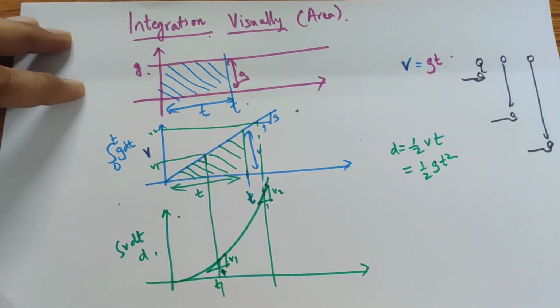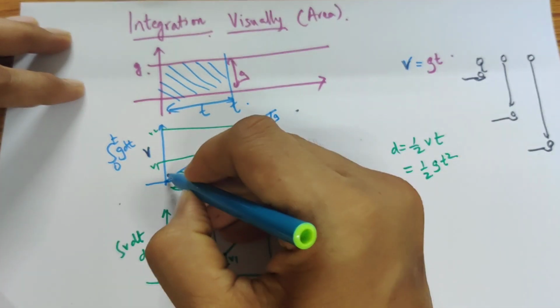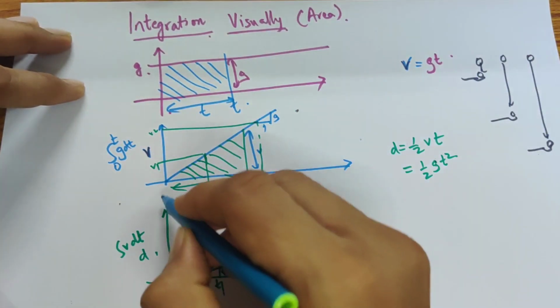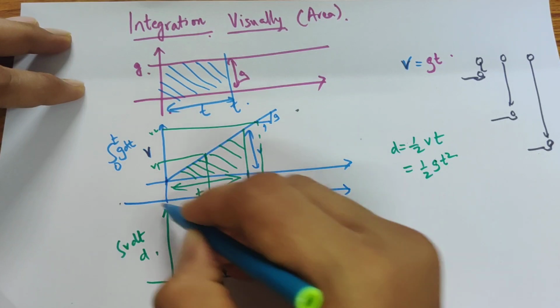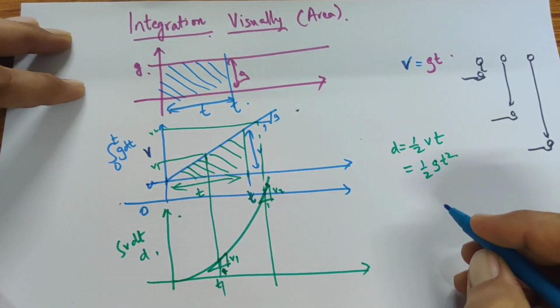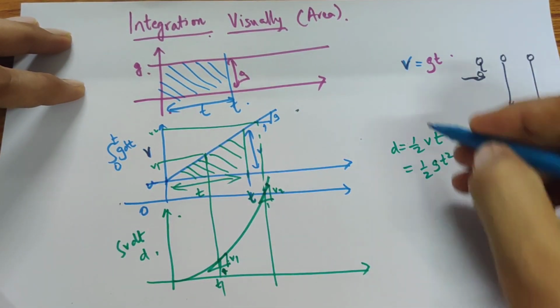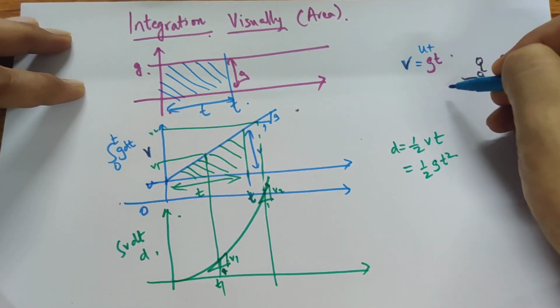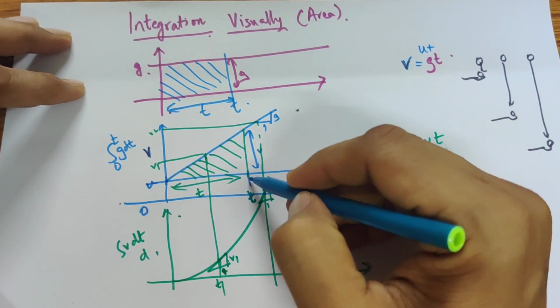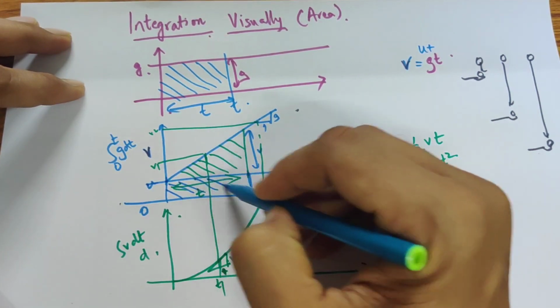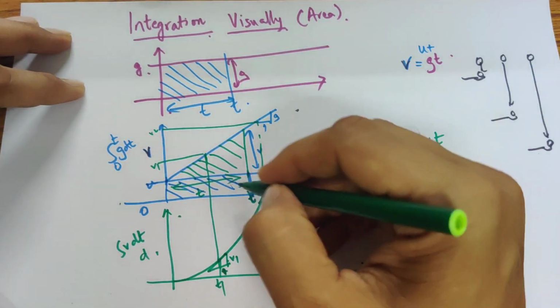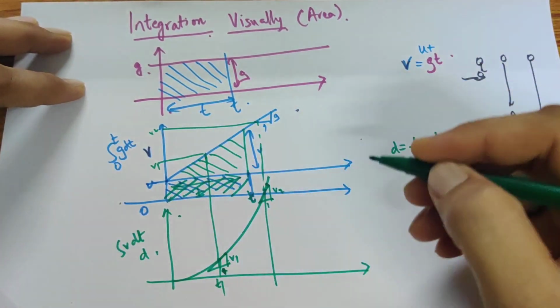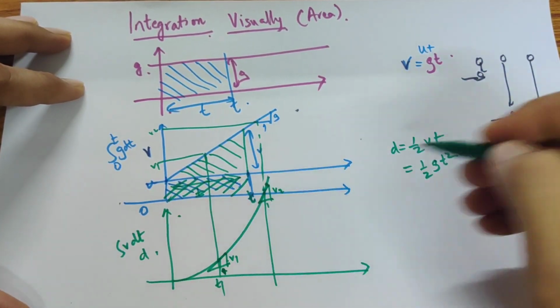If there was an initial velocity, so that means the initial velocity here, as we have seen, is 0, but let's say I had an initial velocity u, then v will become u plus gt. And when I integrate, the integration here is ut.